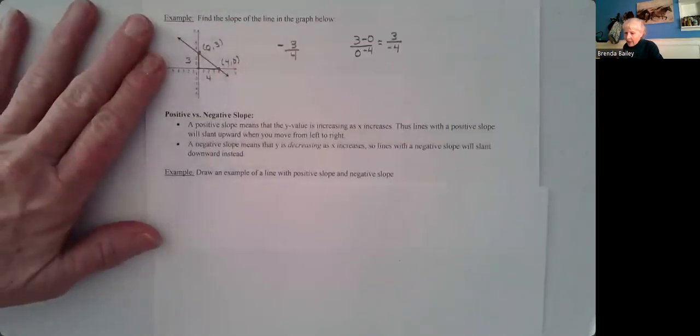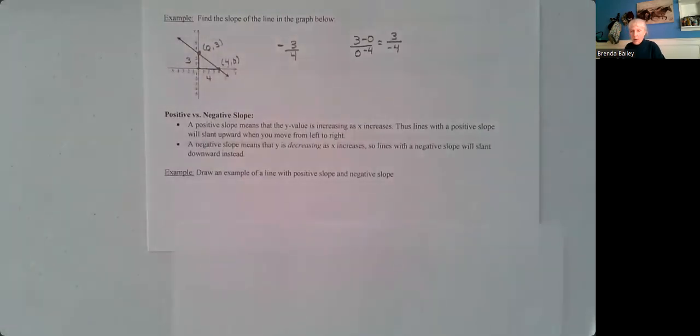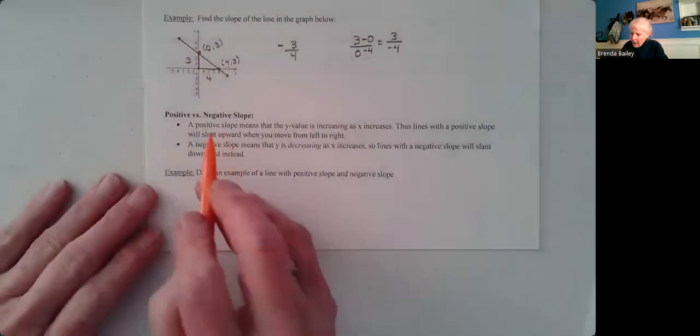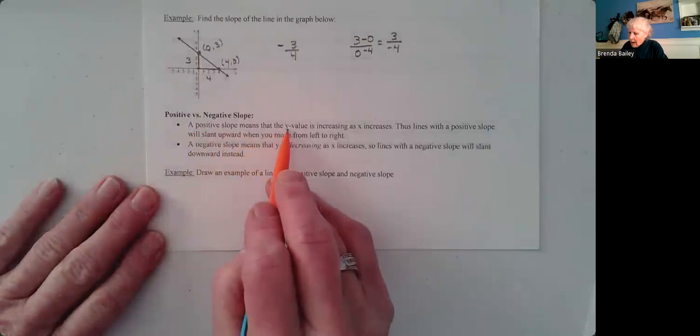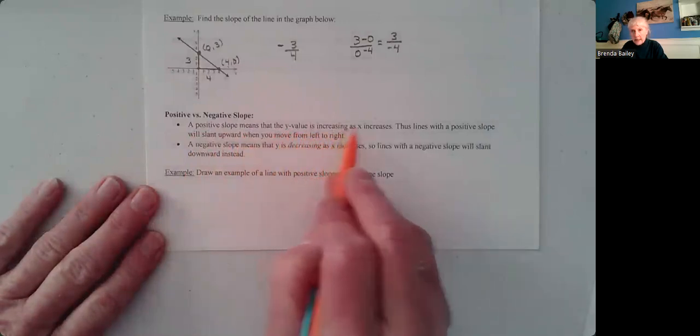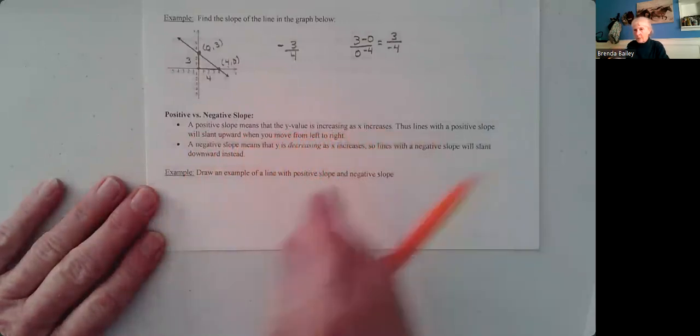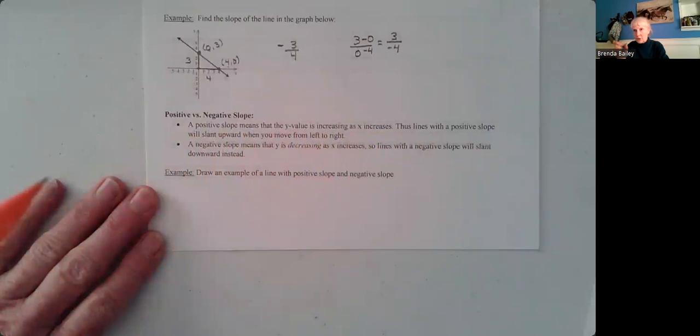Now we're going to talk about what a negative slope looks like, and what positive slopes look like. Well, a positive slope means that the y value is increasing as x increases. So as you move to the right on the x, you move up on the y.